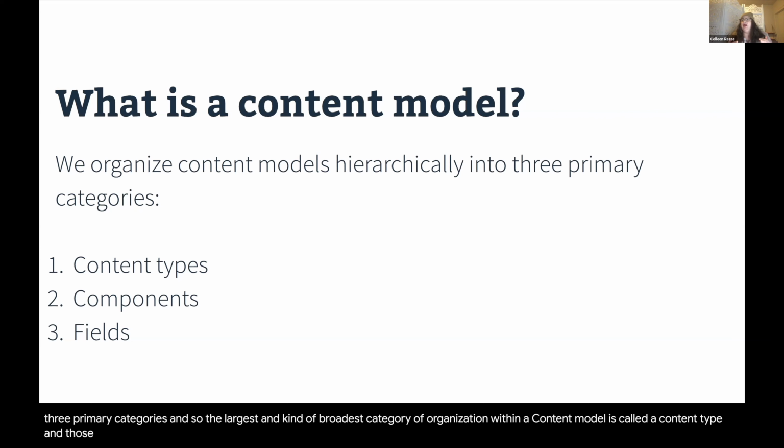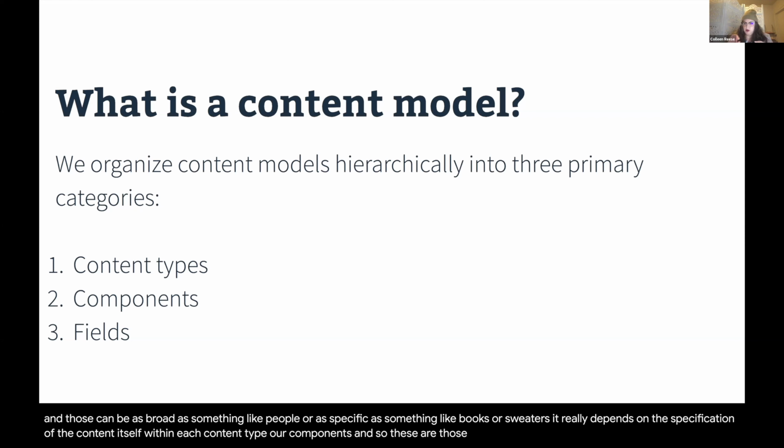And those can be as broad as something like people, or as specific as something like books or sweaters. It really depends on the specification of the content itself. Within each content type are components. And so these are those small informational products that make up content.